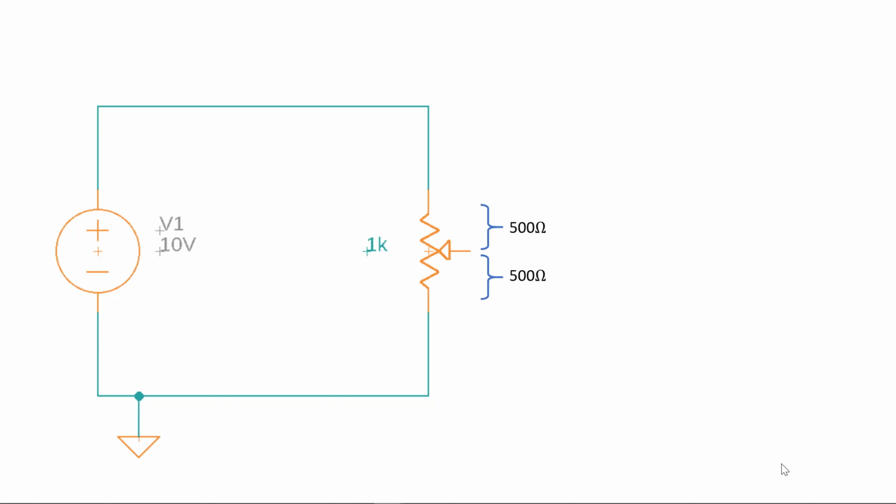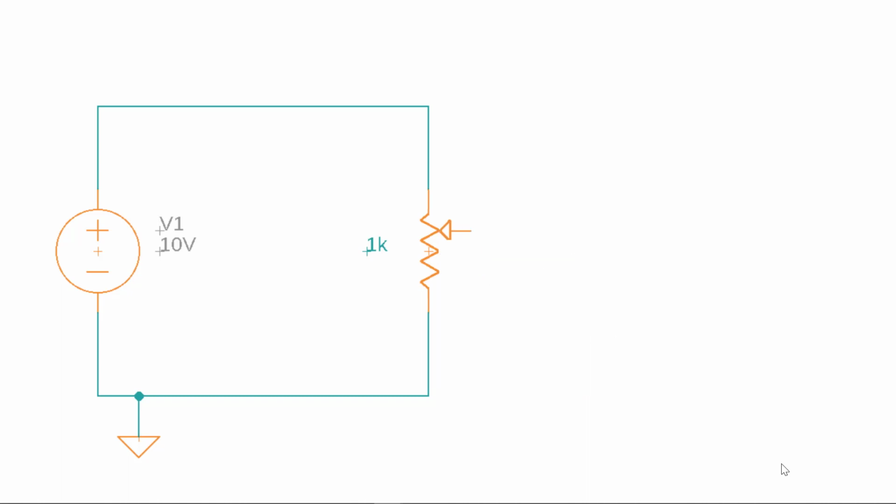This means that the resistance from wiper to ground and wiper to source must be exactly half of the total 1 kilo ohm resistance, which results in half of the voltage at the wiper terminal with respect to ground. The variable resistor is able to provide a change in voltage, or what in earlier days was called potential, and that's why variable resistors are often called potentiometers.